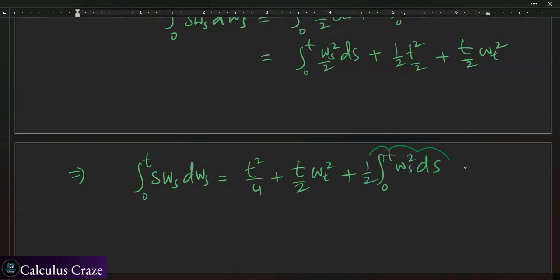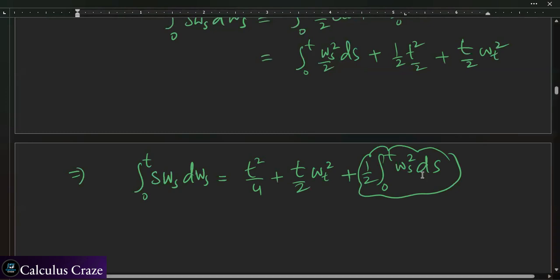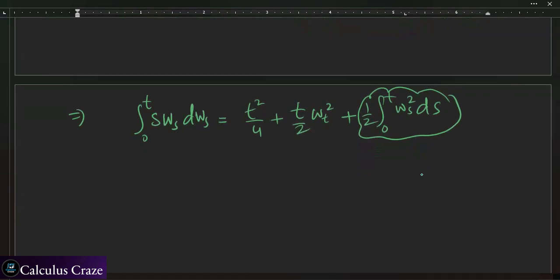Now this integral is the integral of a random function, a stochastic process, with respect to a deterministic variable. This integral is computed numerically in different ways, which you will see if you study numerical stochastic integration.